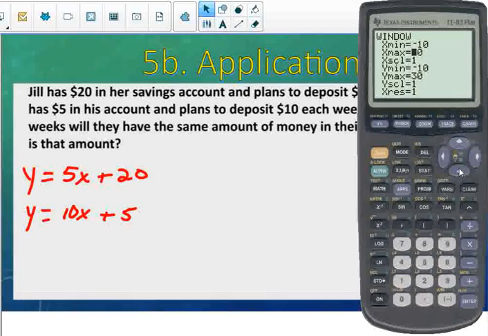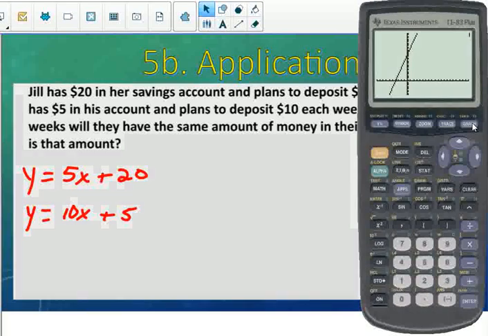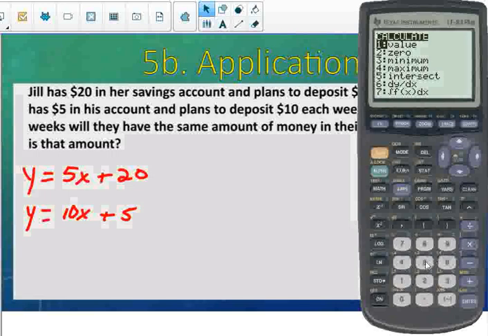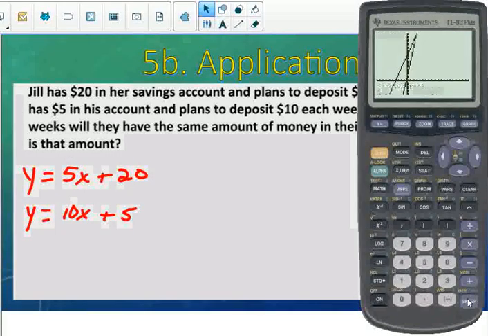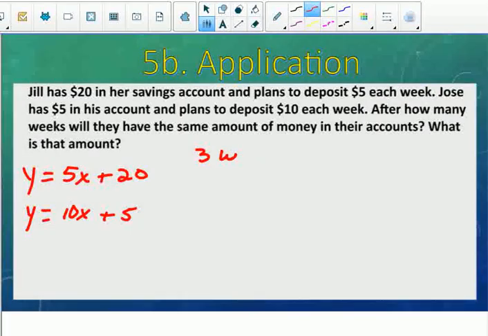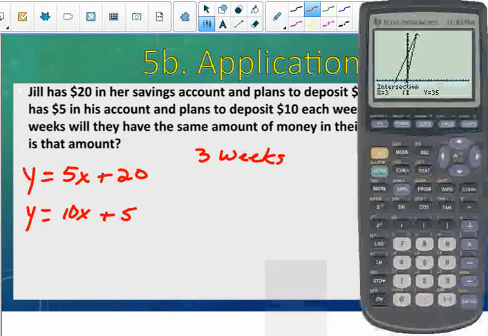Need to come down to the y maximum, and let's just say we'll go 35. Then graph them. Hit second trace, number 5, hit enter 3 times, and it says 3, 35, which means after how many weeks? After 3 weeks, they will each have $35 in their account.